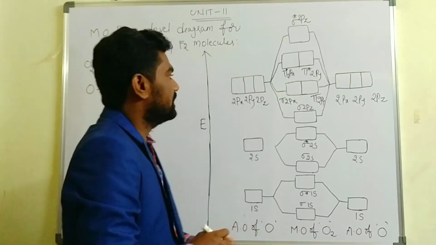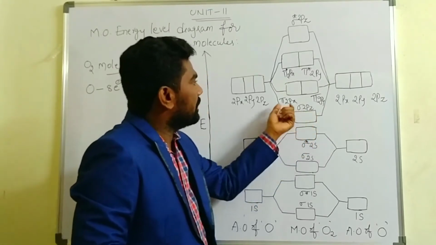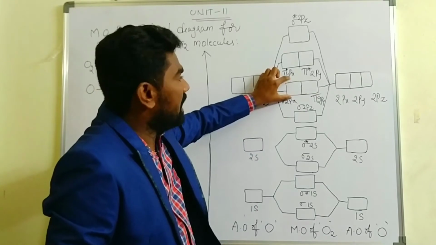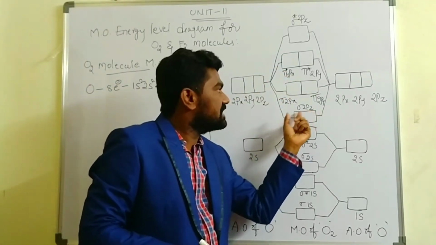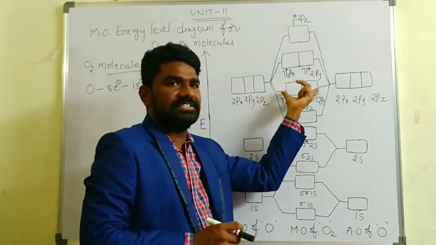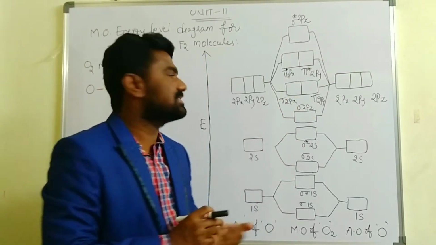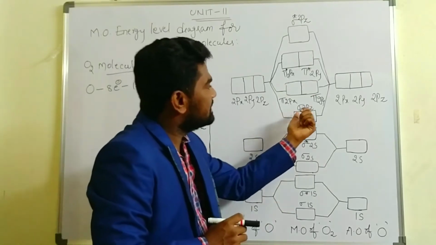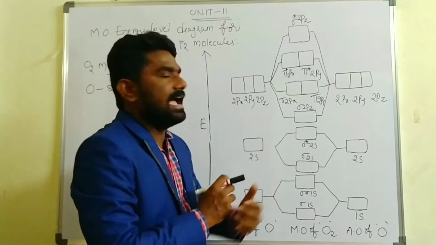That means in the nitrogen molecule, pi 2px and pi 2py are the lowest in energy, and sigma 2pz is the next energy level.